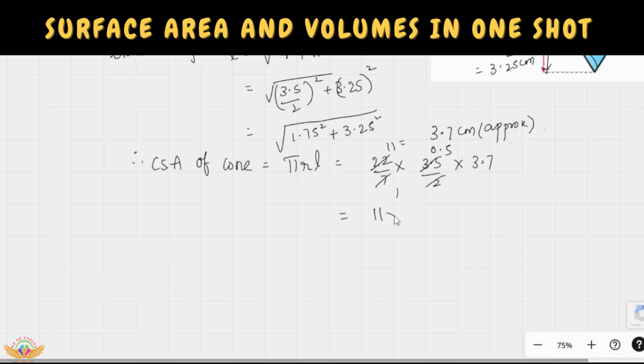So multiply 11 into 0.5 into 3.7. 0.5 we can write as 5 by 10, so we get 5.5. We can write it directly as 5.5 into 3.7, and after multiplying we got 20.35 centimeters square. This is all about the cone.